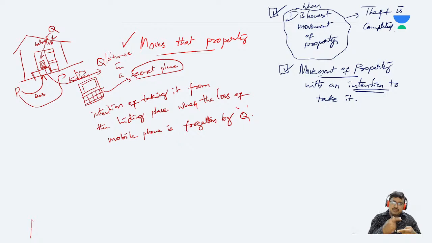Whenever the mobile phone is moved from the table into a secret place, then the offense of theft is completed, friends.